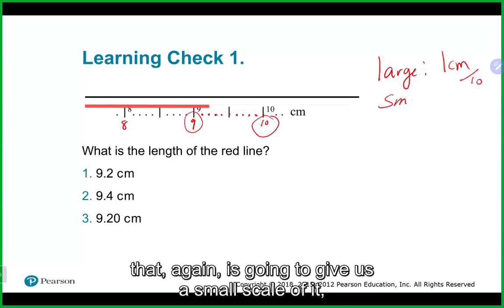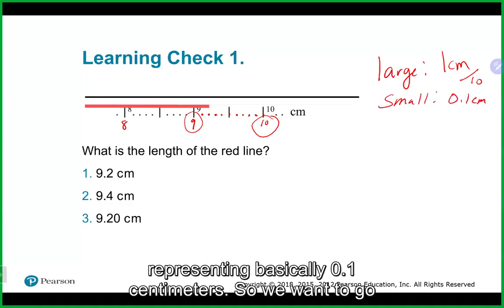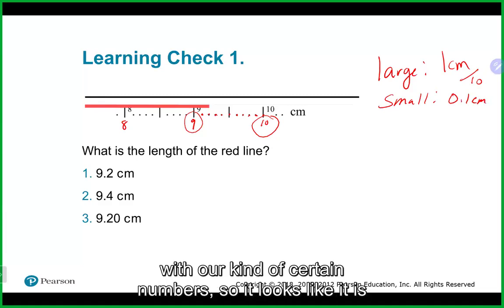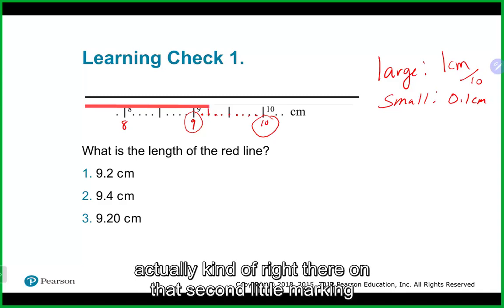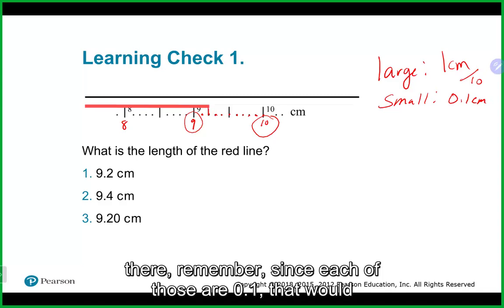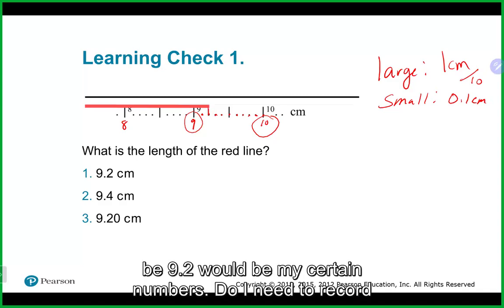That gives us a small scale representing basically 0.1 centimeters. So we want to go with our certain numbers. It looks like it is actually right there on that second little marking. And since each of those is 0.1, that would be 9.2 as my certain numbers.